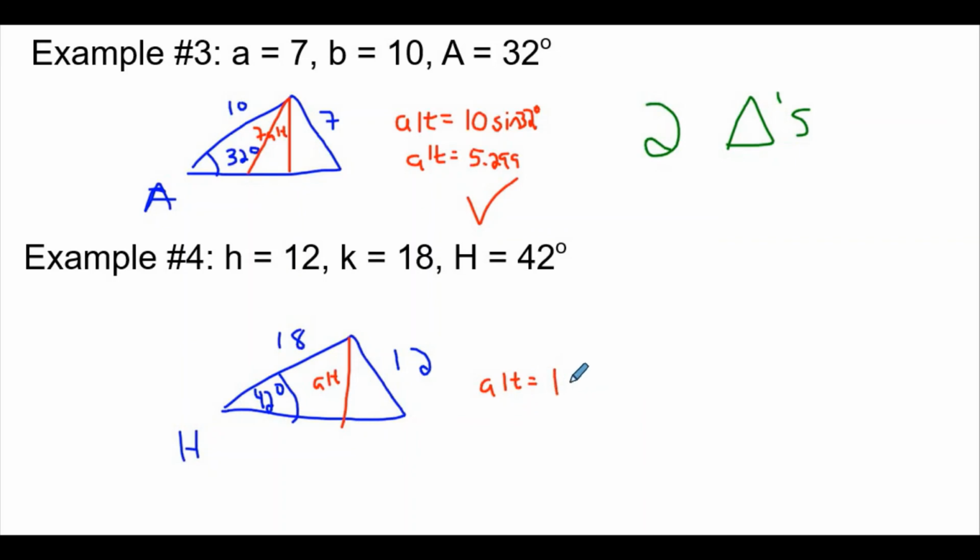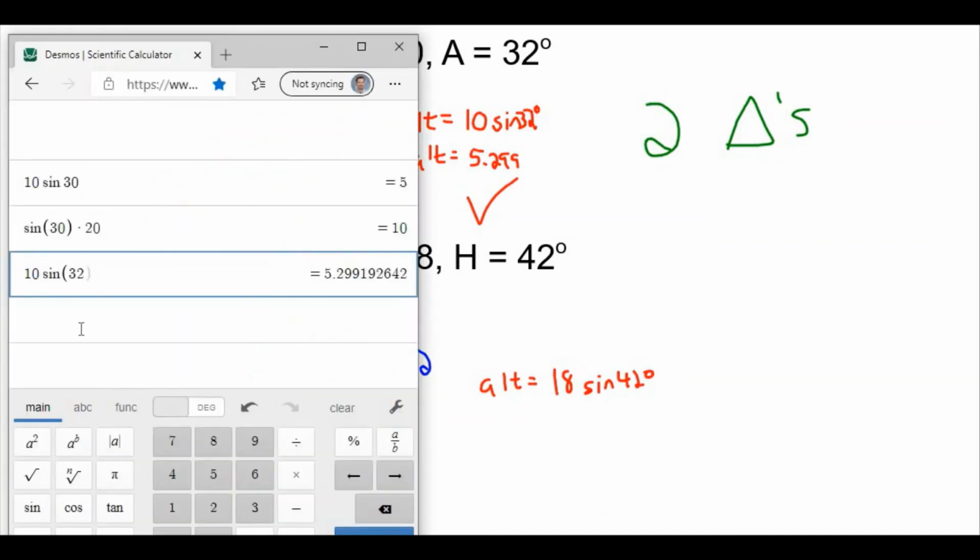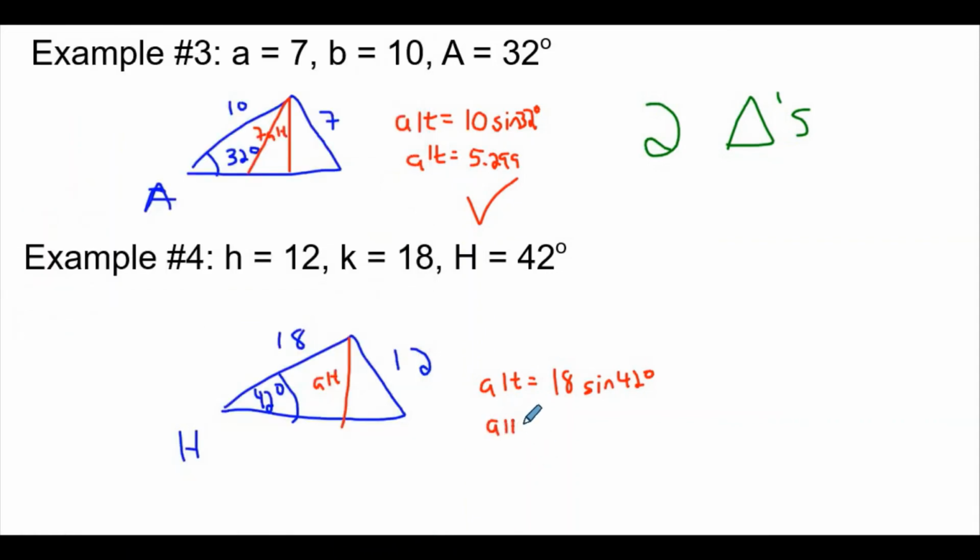We always use the 18, and then sine of 42 degrees. And then we get out Desmos or a calculator, and we type in 18 sine of 42 degrees, and that's 12.044. So the altitude is 12.044.